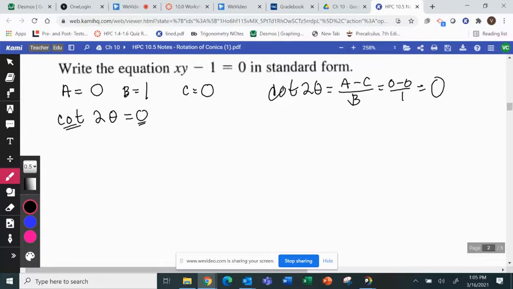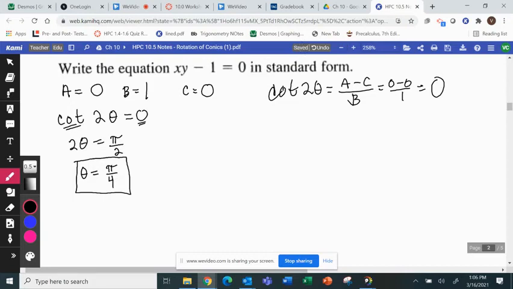I'm just going to usually pick the first one because it rotates to that one first rather than going to 270. But you can pick the other one. A lot of the work's going to look a little different, but in the end, we should still have the same picture. I'm just going to stick with picking the first one. So 2 theta is pi over 2. So where's theta? Pi over 4. So we just solve for theta and we get pi over 4. So that's our theta.